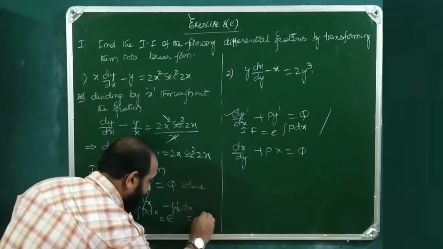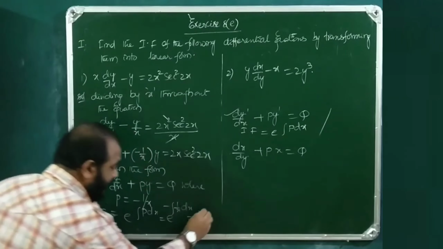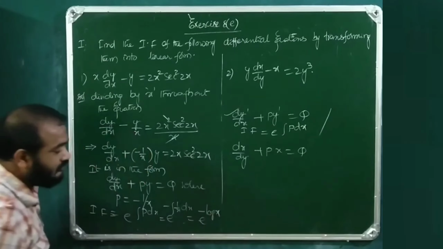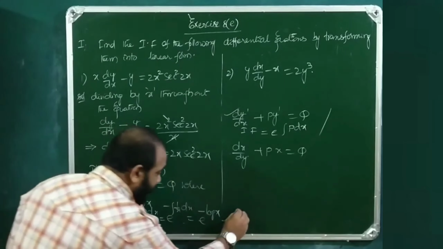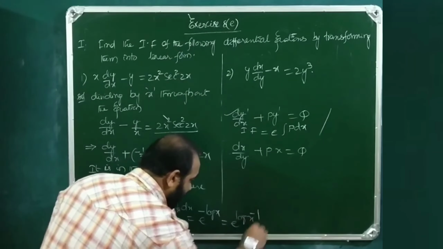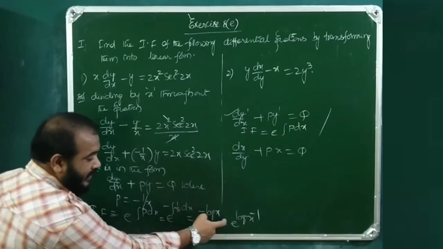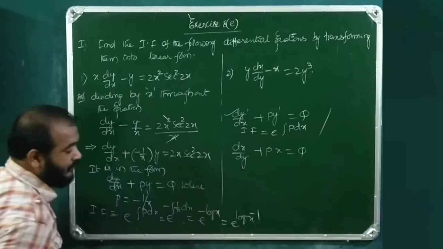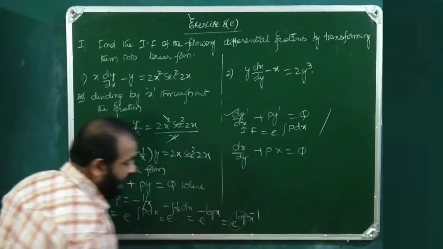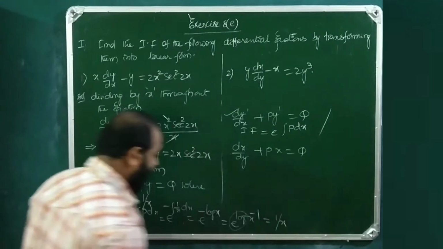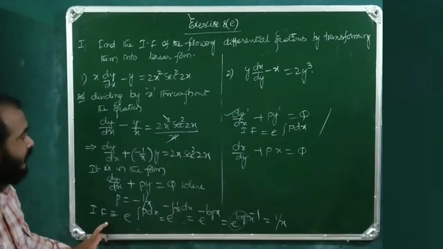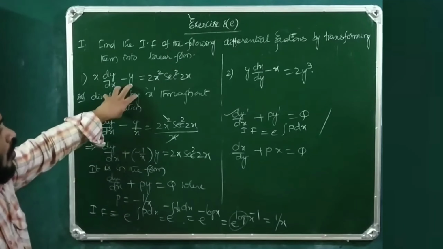The integral of 1 by x dx is log x. This equals e power minus log x, which can be written as e power log x power minus 1, since m log a is log a to the power m. So e power log vanishes, and we get x power minus 1, which is 1 by x. So 1 by x is the integral factor of this linear differential equation.